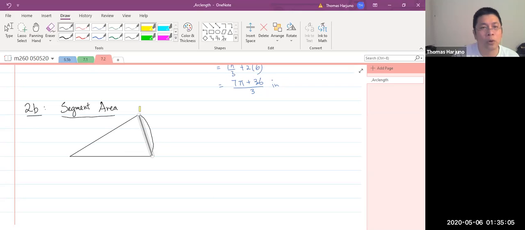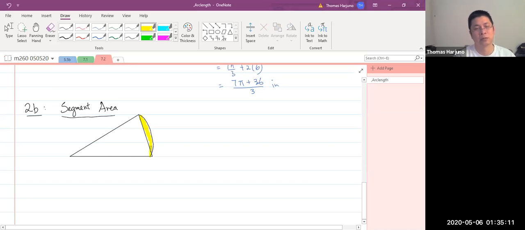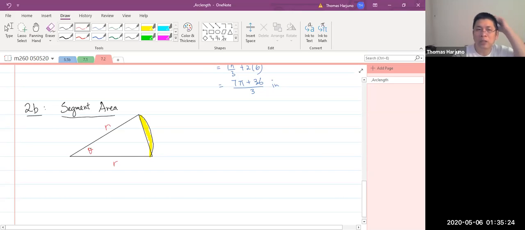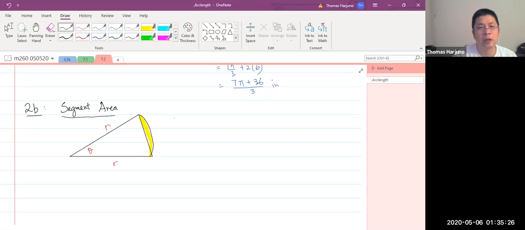Now this is what we call the segment. This part here is the segment. Okay, that part is a segment. Now, then, if the radius is r and the central angle is theta, then what is the area of that segment? Area of segment. The one in yellow color.